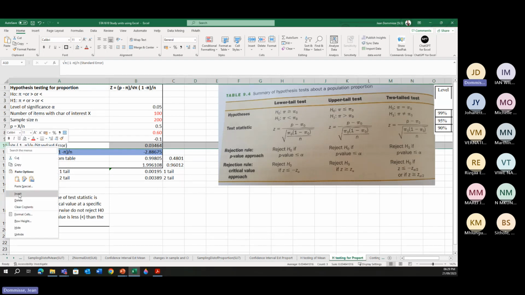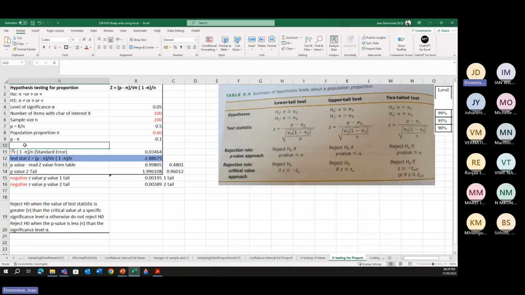So let's put it in. Let's quickly see the information. Level of significance. Okay, that was given to us. It's the 0.05.